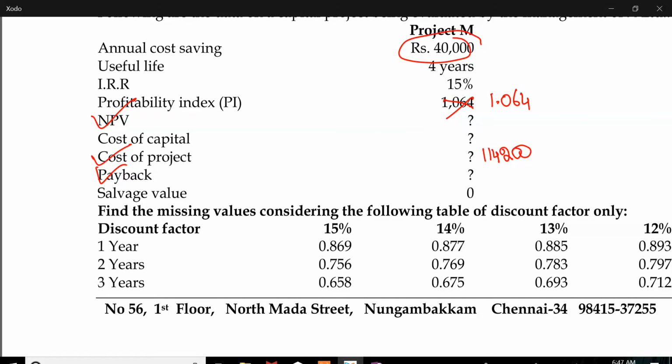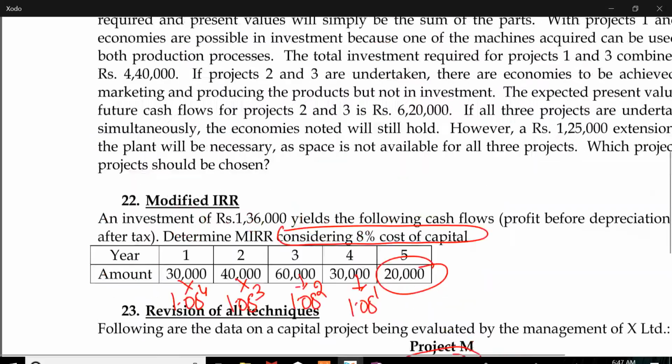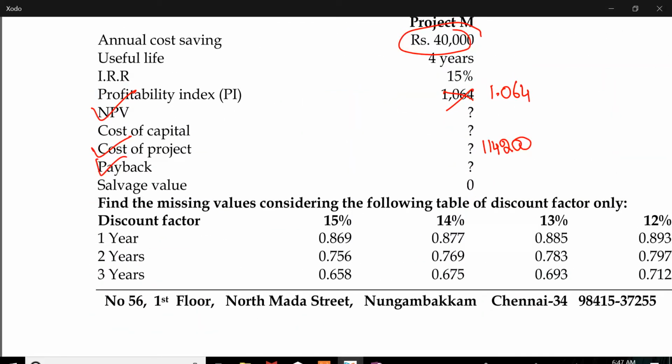Next point, payback will be calculated in the normal manner.